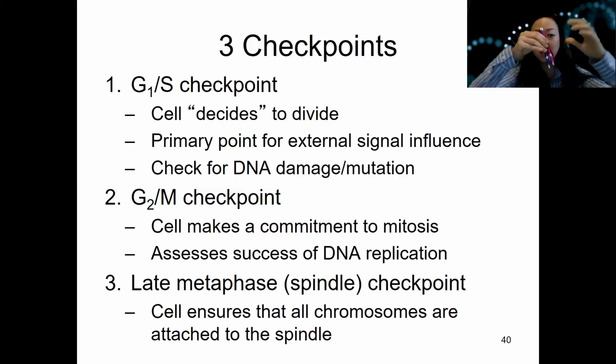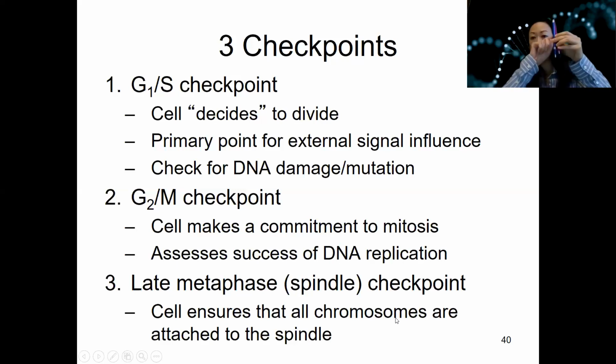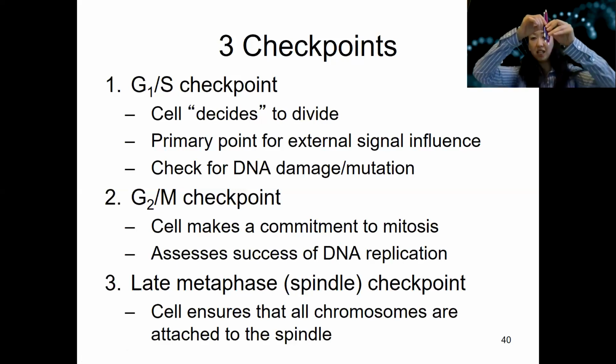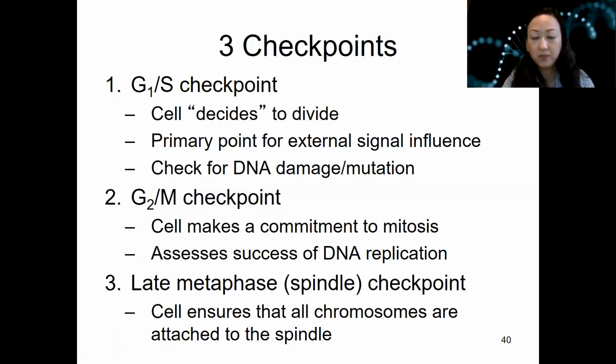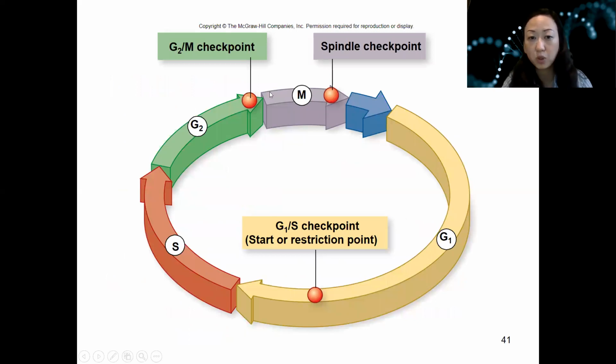What if that didn't happen? I'm loose, I didn't attach. Then anaphase comes, and when I pull, I'm going to pull two. That will cause genetic imbalance, okay? So in late metaphase, you also need to check. Check what? Ensure that each chromosome has a spindle attached. So when I split, this comes here, this comes here. Not that this one didn't have any attached and it's just going to go with that one because they are stuck together. Okay, so what are the three checkpoints?